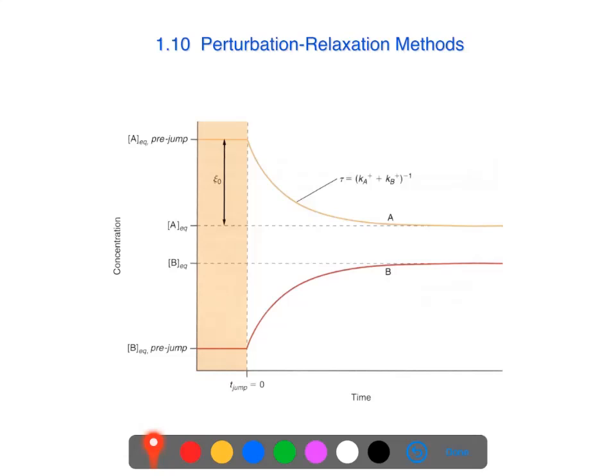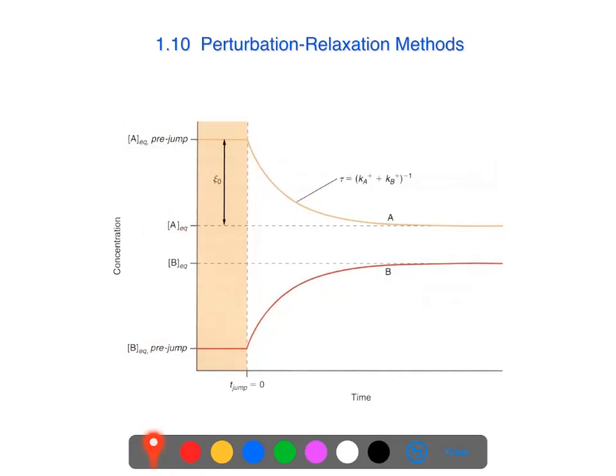And then we watch how the new equilibrium is established. So in this particular instance, we see a decay of the concentration of A with time. So as the new equilibrium is being approached, we see a decay from A equilibrium pre-jump to the A at equilibrium post-jump.